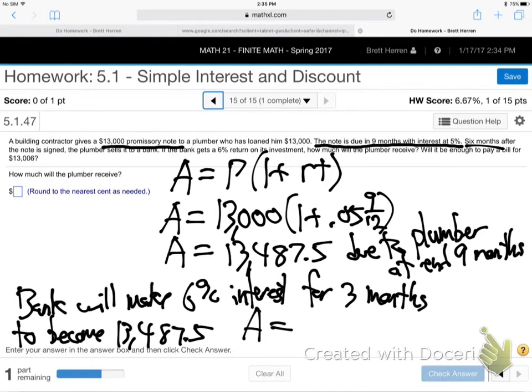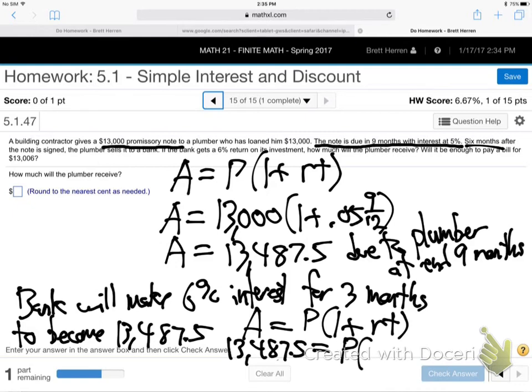Am I totally losing you? A equals P(1 plus RT). That's the amount the bank is going to get 3 months from now. So what will they pay the plumber today? They want to make 6% interest for 3 months, 3/12 of a year. So we solve that for P, the amount they'll pay the plumber today.